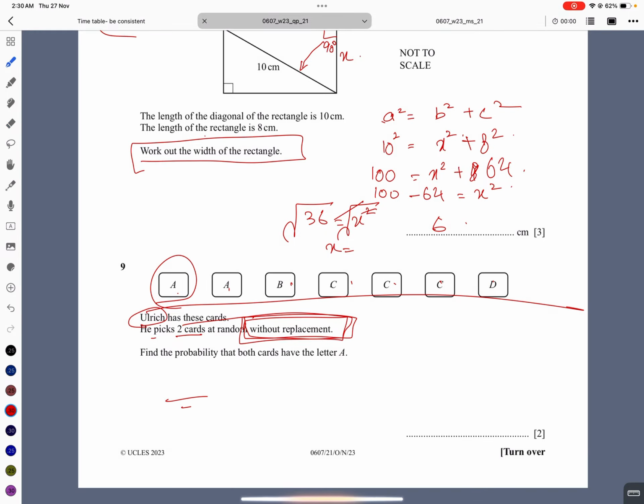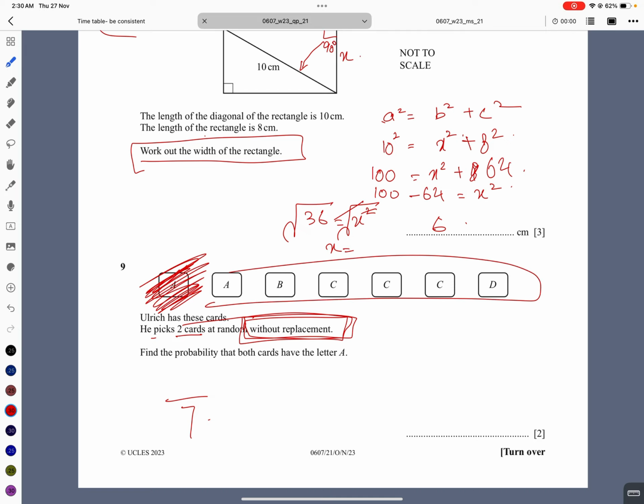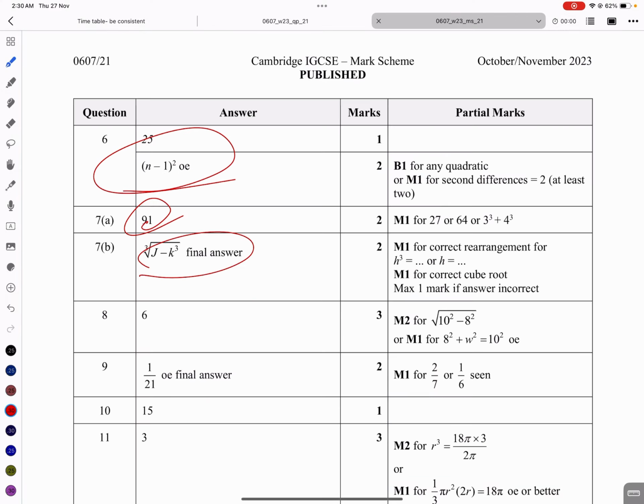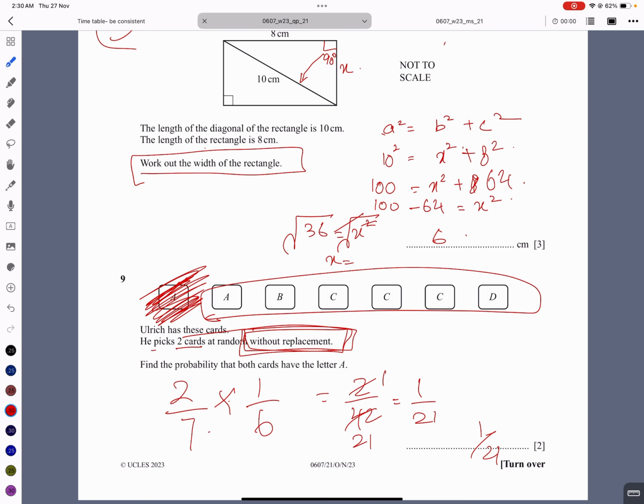Now this card is no more, and these cards are left. Among these, what is the probability of getting the A? 1 over 6. So it will be 2 over 42, which is 1 over 21 if you simplify it. If you check the answer, it's all the same.